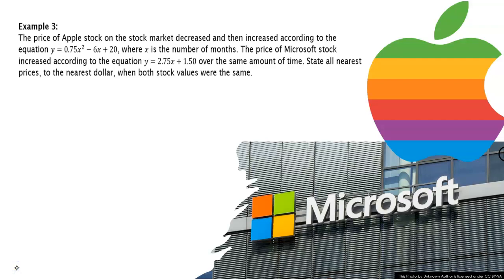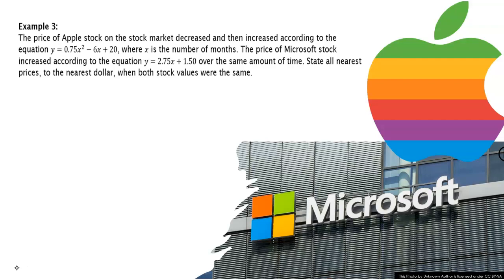All right, the last example that we'll cover today is about stock. If you've been listening to the news or following along on your social media feeds, you'll notice that the stock market is going down right now, especially with the coronavirus.